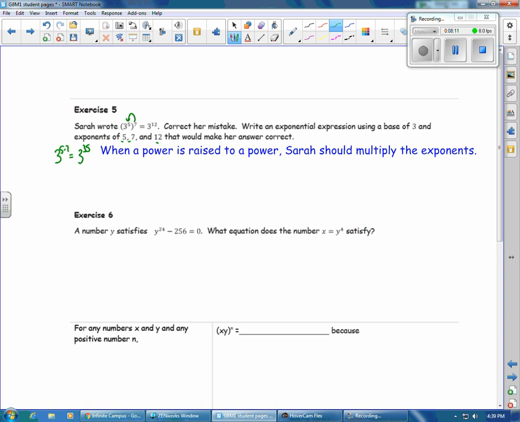Isn't it when we are just multiplying with the same bases? So we would need 3 to the 5th power times 3 to the 7th power, and that would equal 3 to the 5 plus 7 power, or 3 to the 12th power. Two different things. See how this is just multiplying with the same base, and this is a power to a power.